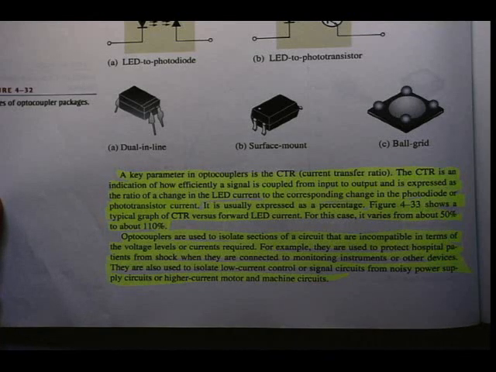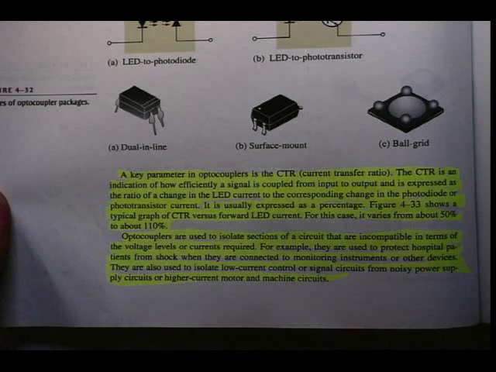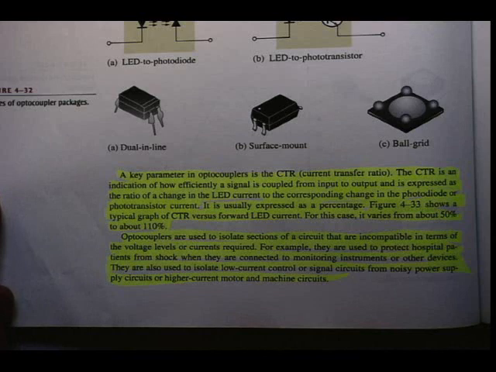The CTR is an indication of how efficiently a signal is coupled from input to output and is expressed as the ratio of change in an LED current to the corresponding change in the photodiode or the phototransistor current. You will find in the basic problems at the end of the chapter there's a specific problem that addresses the specific point that has been mentioned here.